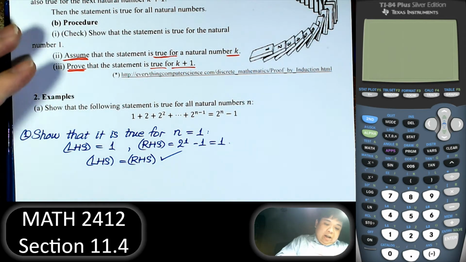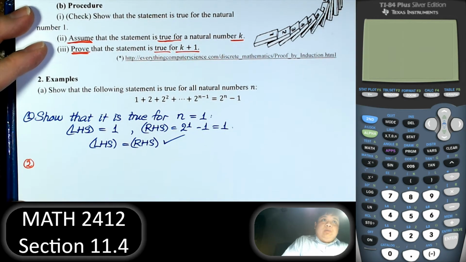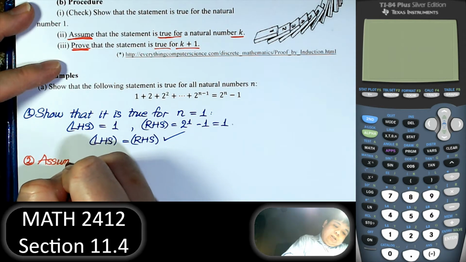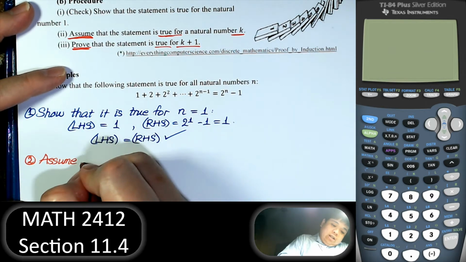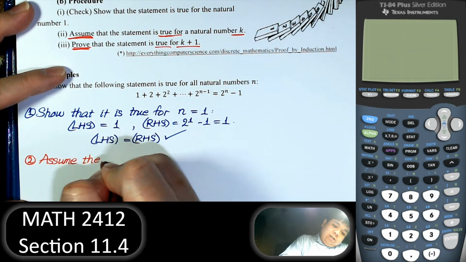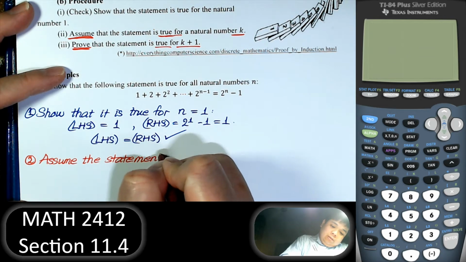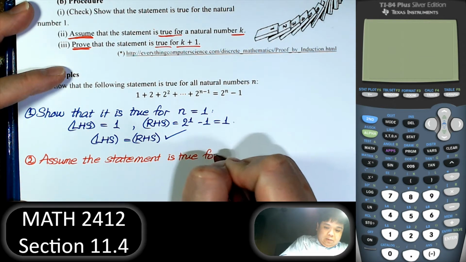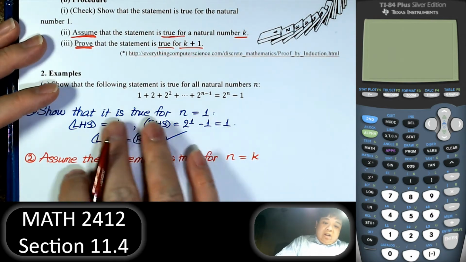The next one is we assume, so we don't know that, we assume that it is true for n equal to k. So I will write the statement.